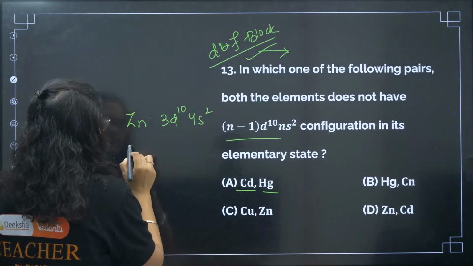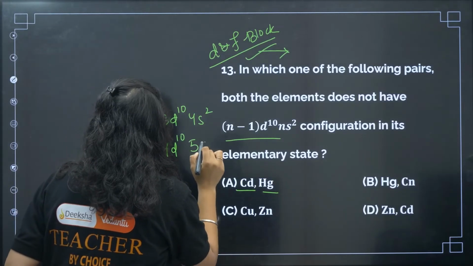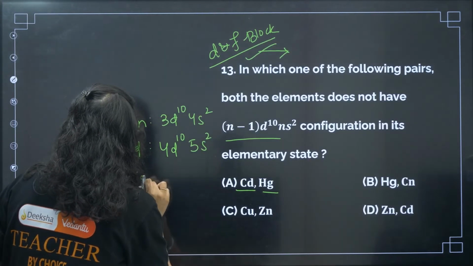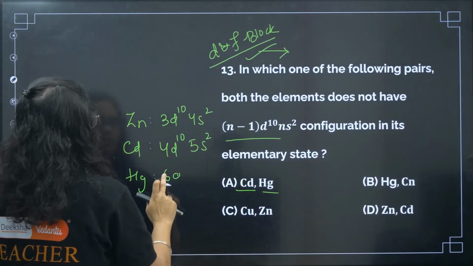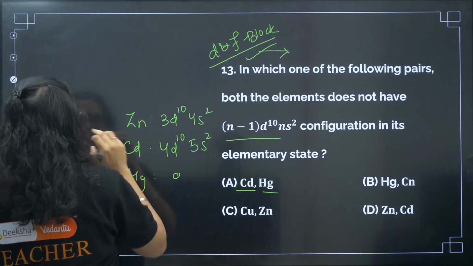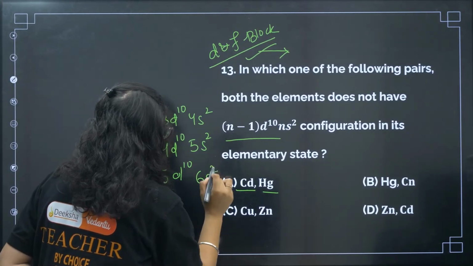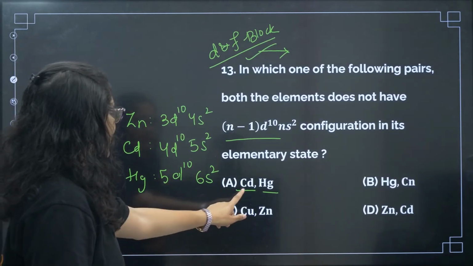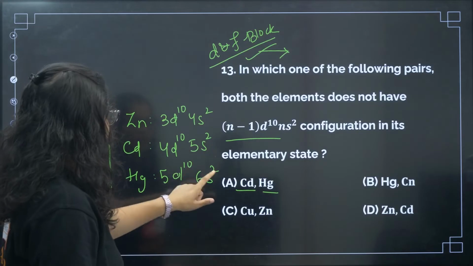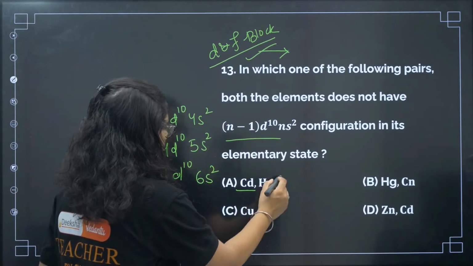Then cadmium is 4d10 5s2, and mercury is 5d10 6s2. Okay, so now if you see cadmium and mercury, both are having (n-1)d10 ns2 configuration, so this cannot be the answer.